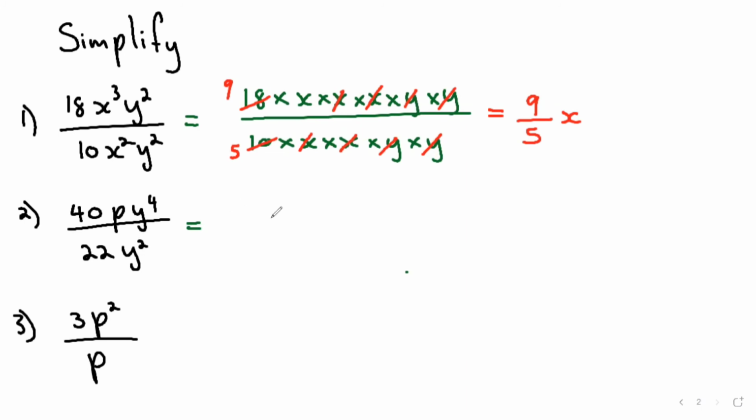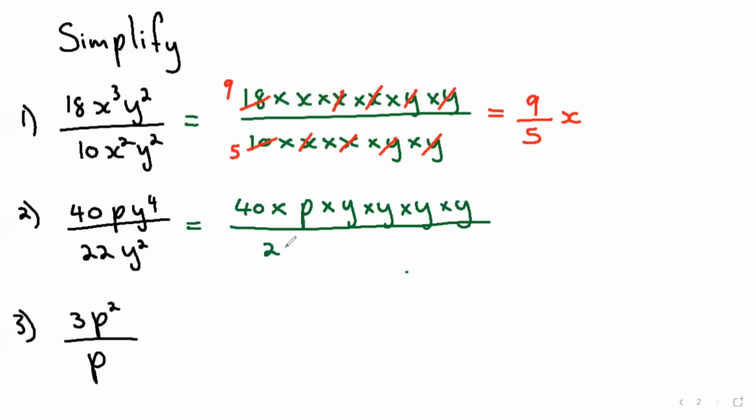Here now, we have 40 multiplied by p, and only one p, multiplied by 4y, so y times y times y times y, all divided by 22 times y times y. When we learn the laws of indices, believe me, this will be so much easier. From here, we just cancel y's. This y could go with this one y, and this one y could go with this one y.